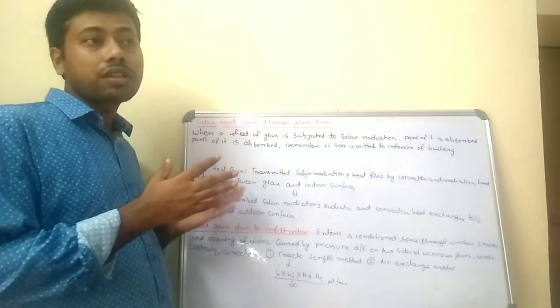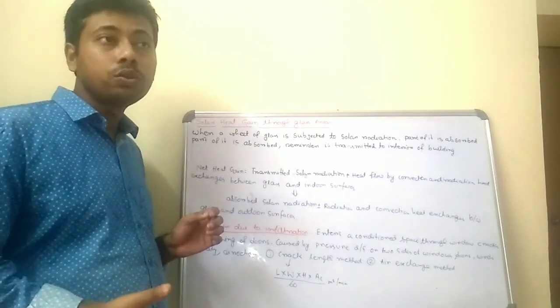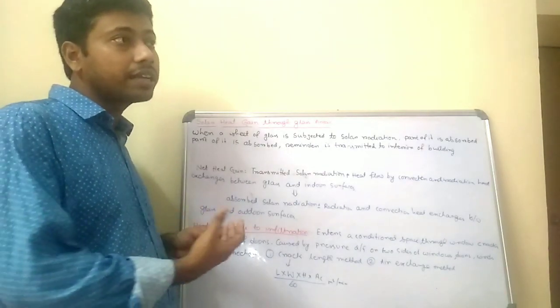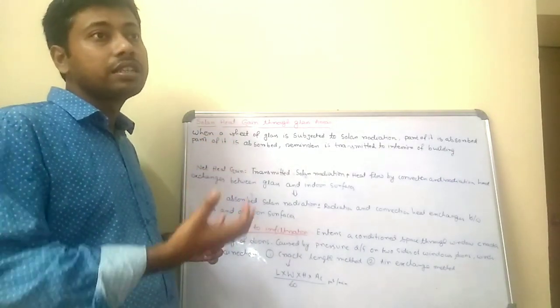Outside temperature is very high compared to the indoor temperature of the room where the air conditioner is working. So obviously when the outside air comes into the room, the temperature will increase.